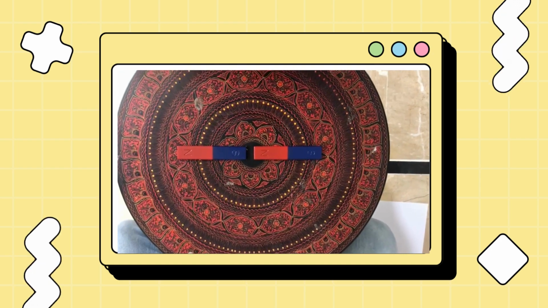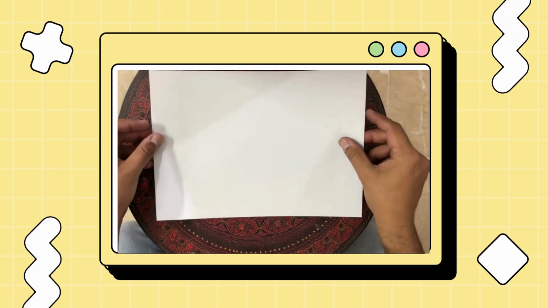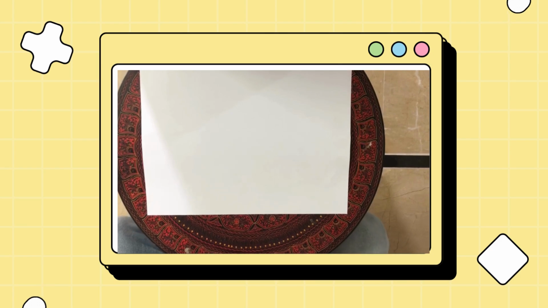Now put a piece of paper on top of it. Sprinkle some iron filings on top and observe how the pattern emerges. Can you guess what the pattern will look like? Let's find out.